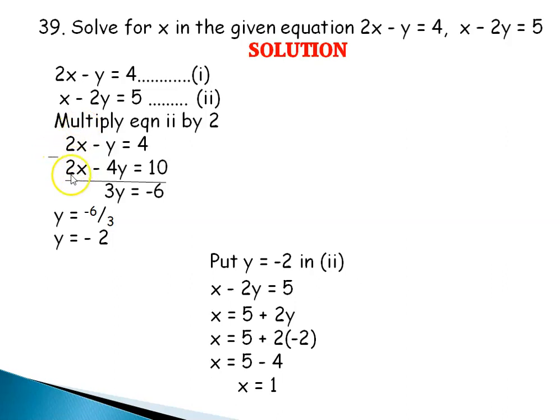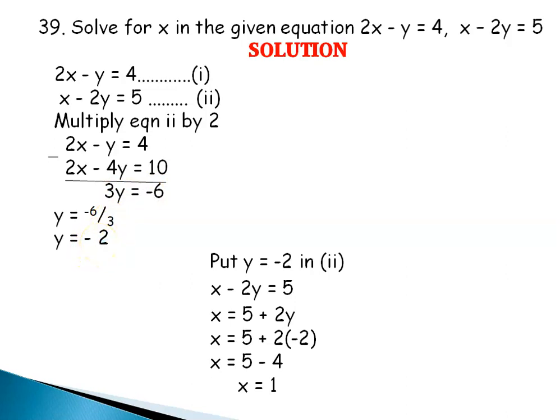I've eliminated my x. Minus y minus minus 4y. That's minus y plus 4y. And that will give me 3y. Then 4 minus 10, minus 6. And then I divide both sides by 3. 3y divided by 3 is y. Minus 6 divided by 3 will give me minus 2.